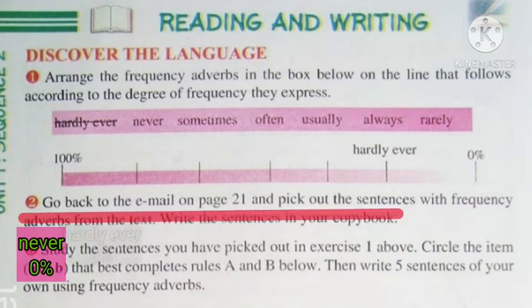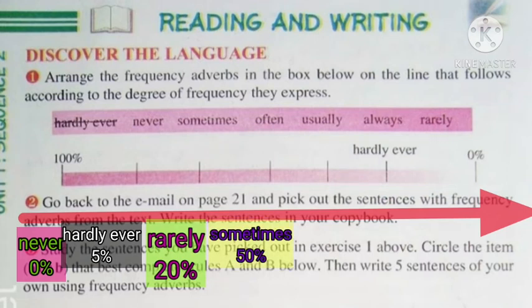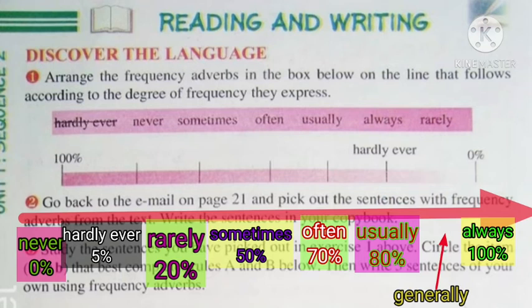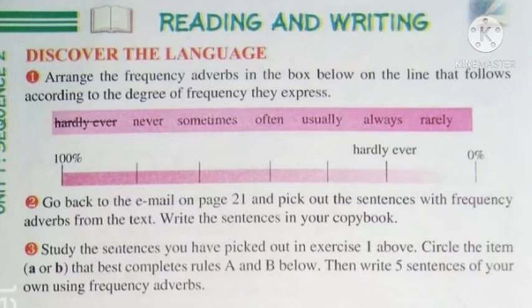Never, hardly ever, rarely, sometimes, often, usually, and always. But here we can also add generally, which can be placed between always and usually. Okay. Let's move to task 2.